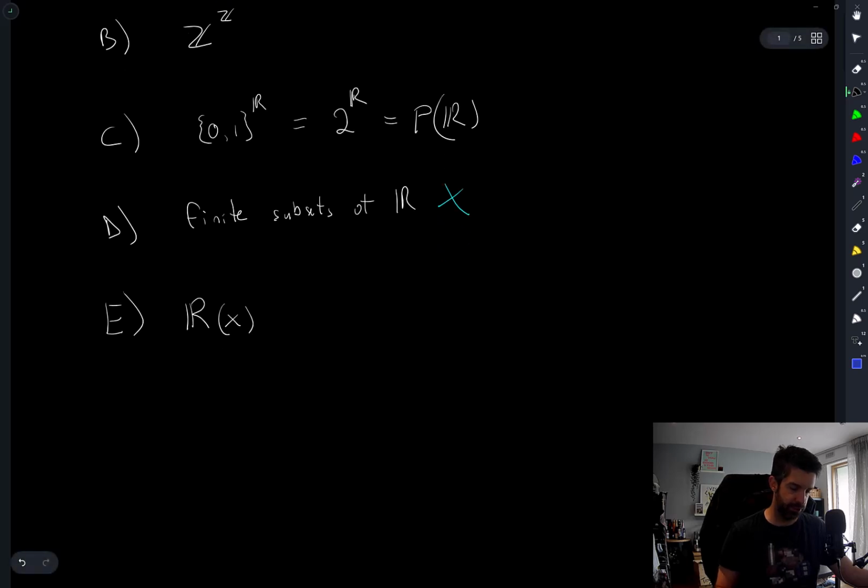This is roughly equal to this one, right? If I give you a finite subset of R, I can create a polynomial out of that.